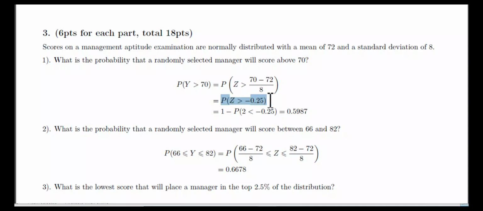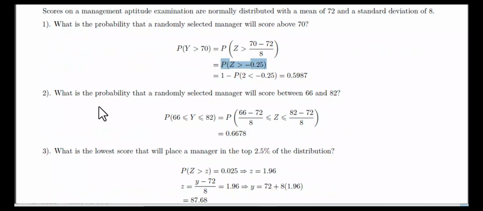For this z probability, we could either get it from the z table or from R. The same thing for part 2, but this is a sandwich probability. So we convert y into z, and then 66 and 82 are converted into the corresponding z-scores. That's how we get the probability.